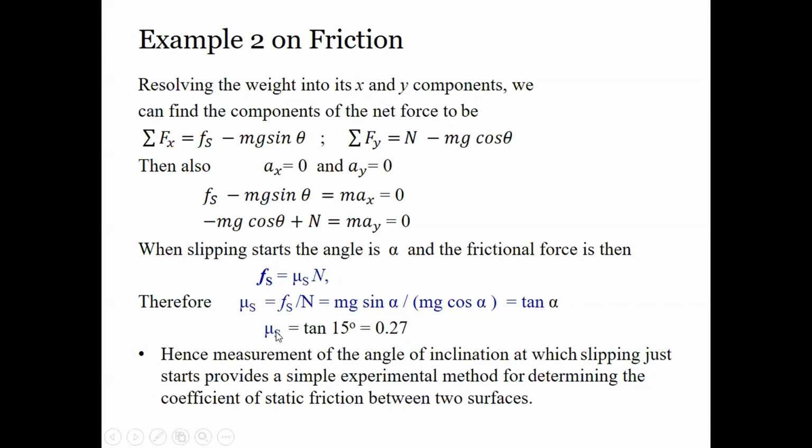Therefore, the static friction was just balancing the component of the force of gravity. So we determine the coefficient of static friction through the angle of the inclined plane, and this is the way to measure it for any surface.